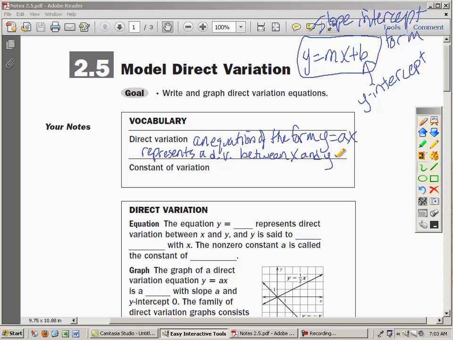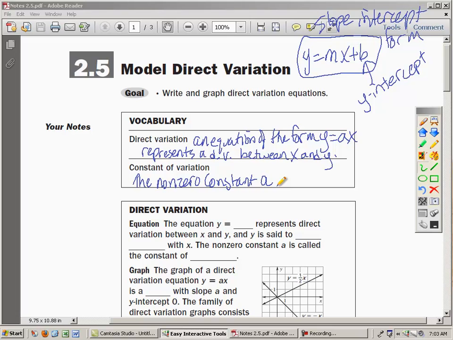So an equation of the form y equals ax represents a direct variation between x and y. And the constant of variation is the a, the non-zero constant a in the form y equals ax.